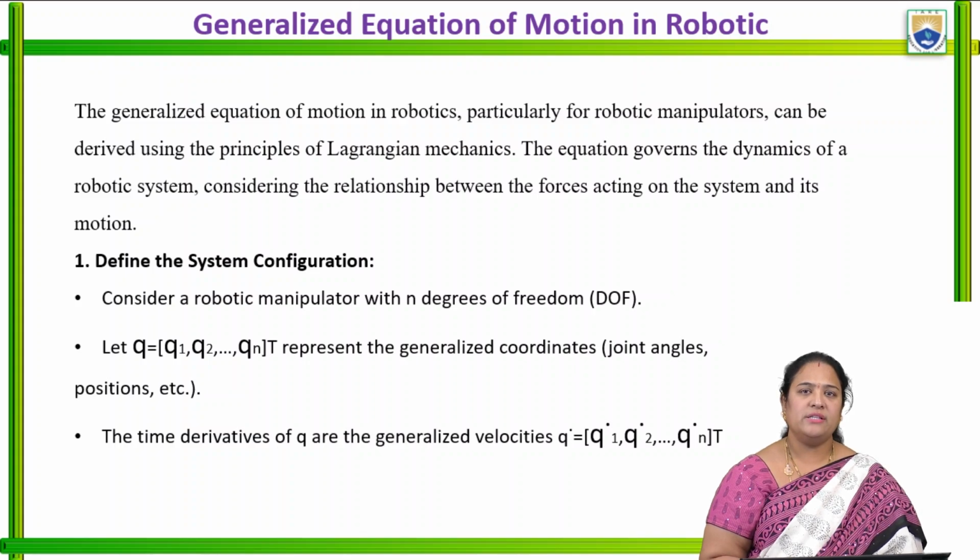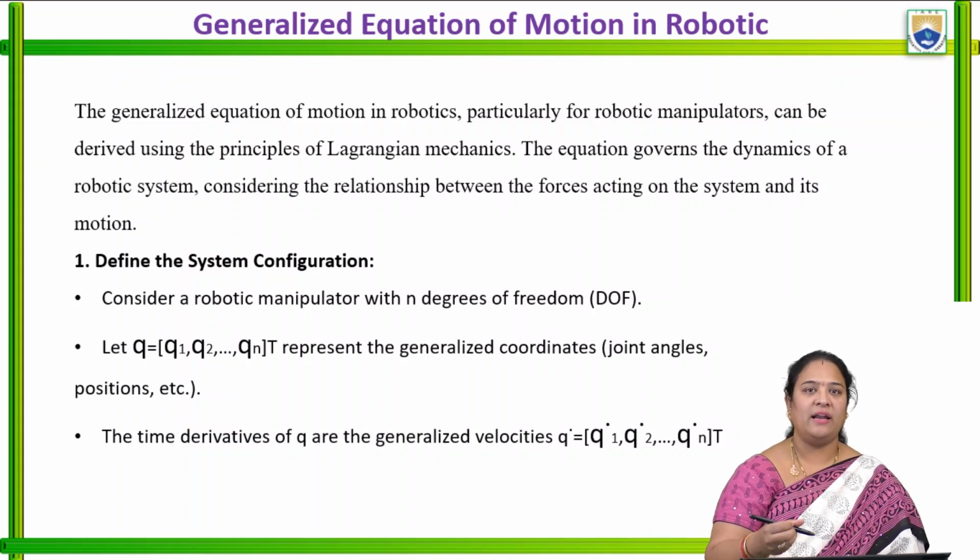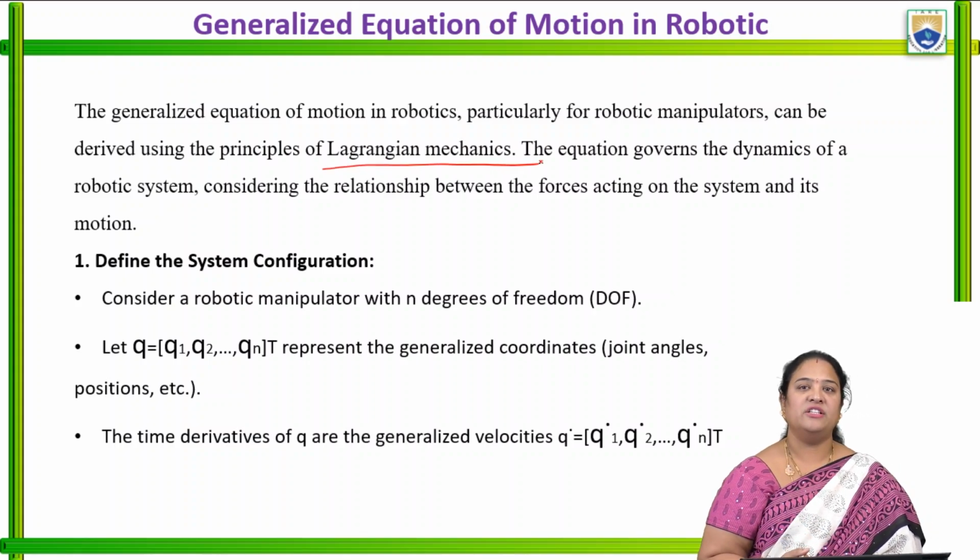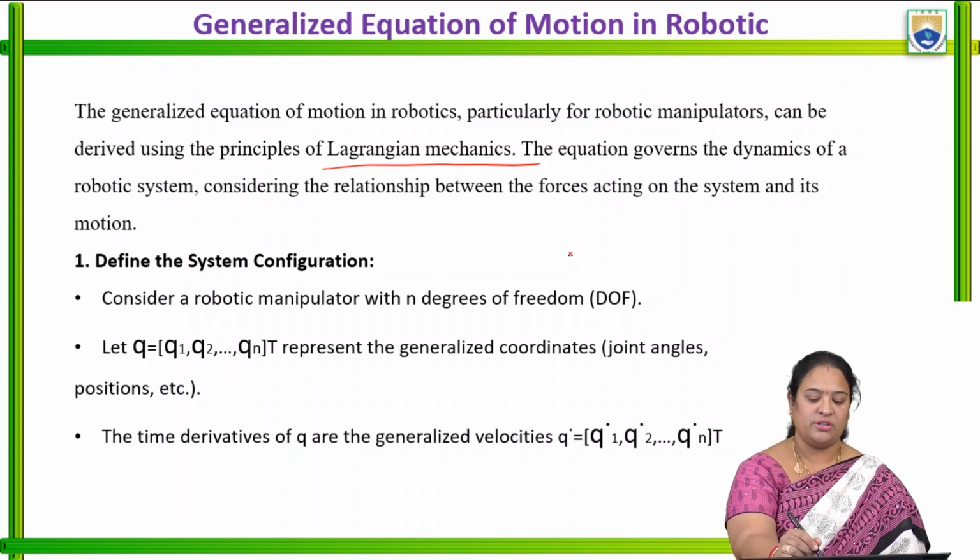In robotics, the generalized equation of motion is used particularly when we consider a robot manipulator, where we can derive it from the principle of Lagrangian mechanics. This equation governs the dynamics of the robot, considering the relation between the force on the system and its motion.